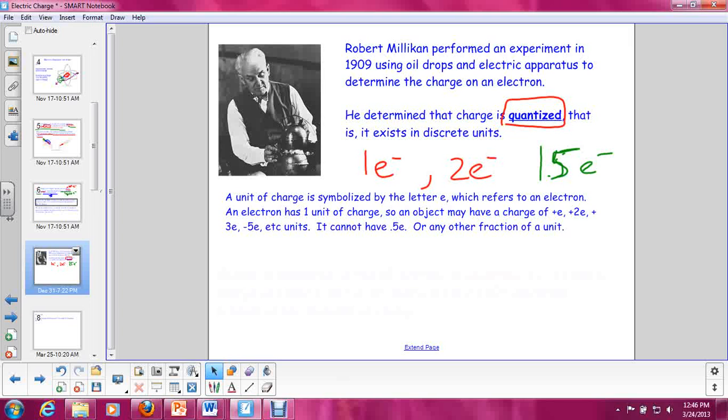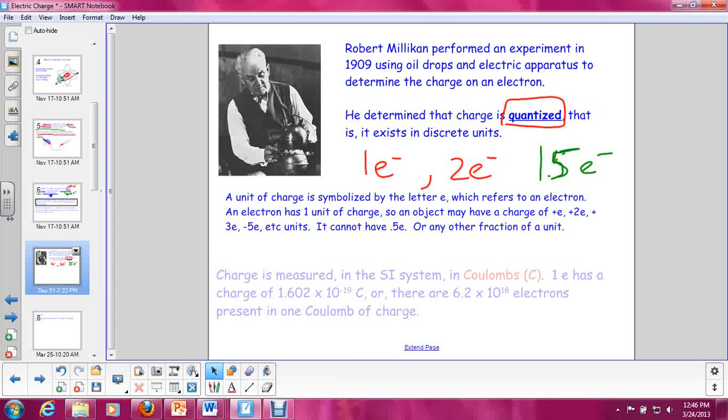A unit of charge is symbolized by the letter e, and this refers to an electron. An electron has 1 unit of charge, so an object can have 1 unit, 2 units, 3 units, -5 units. -5 would be taking away 5 electrons, but it can't have anything in between a whole number. It can never be a fraction of a unit.